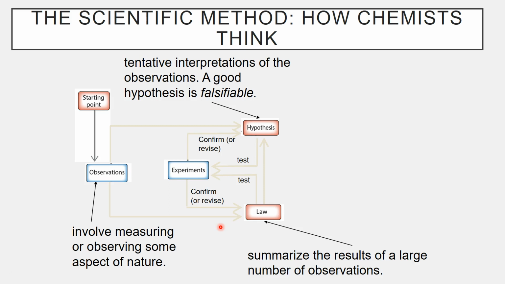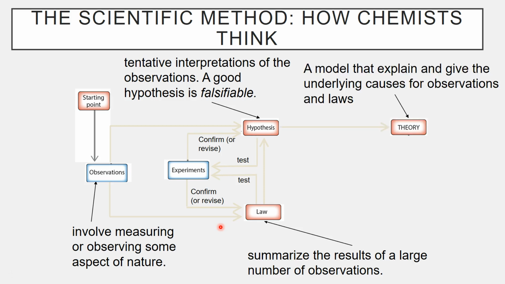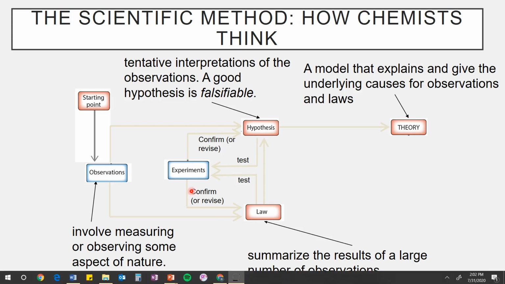Now, the last step in the scientific method is to come up with the theory after our hypothesis has been confirmed. And a theory is a model that explains and gives the underlying causes for observations and laws.